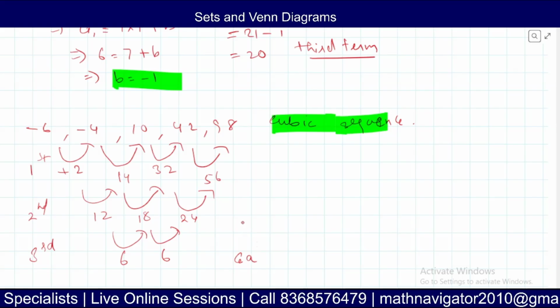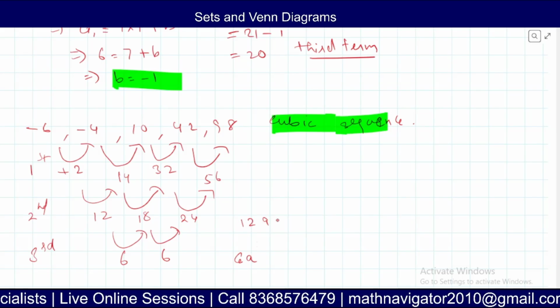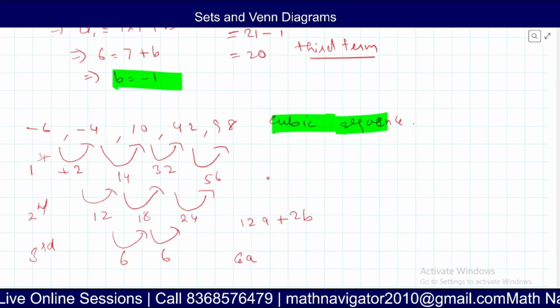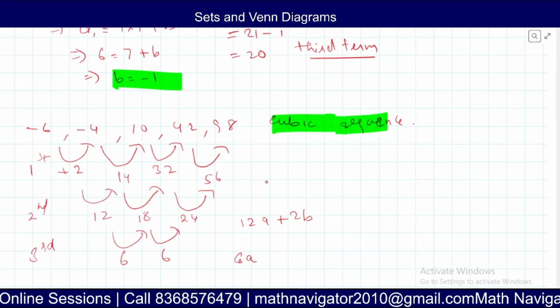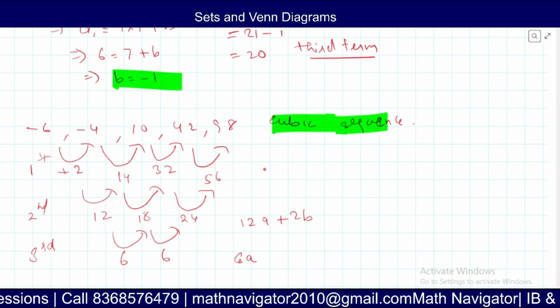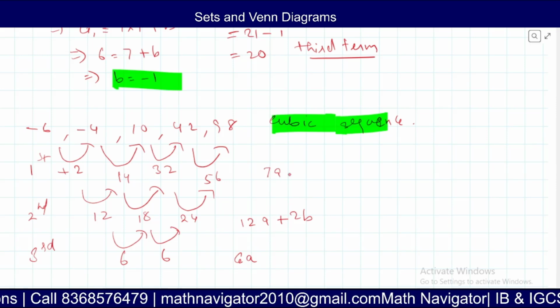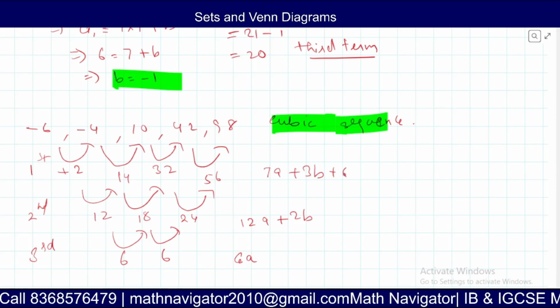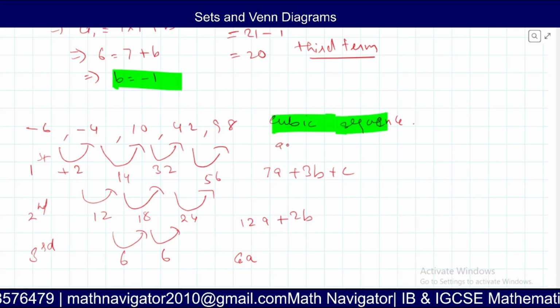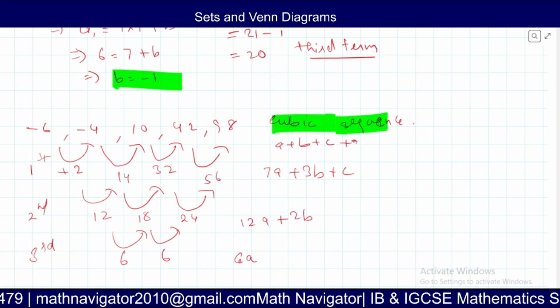Then here I have 12a plus 2b. Here I have 7a plus 3b plus c, and here I have a plus b plus c plus d.